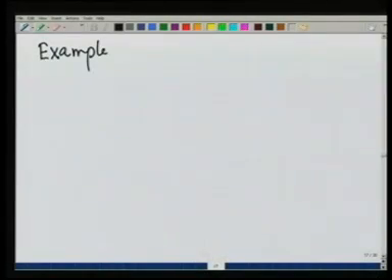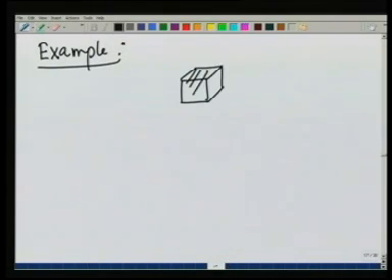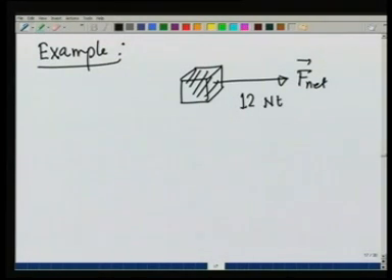In the second example, let us take the case of two persons pushing a box so that the net force F net is, let us say, 12 newtons to the right or to the east.